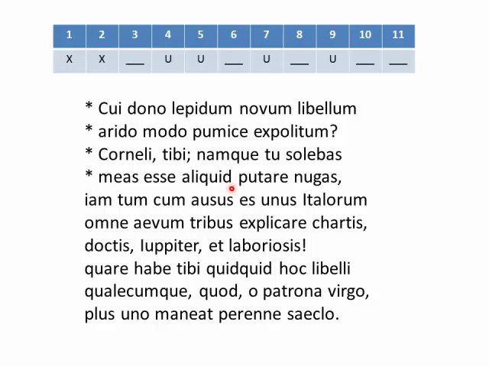Now the I here is going to scan long. You don't know whether the I is long by nature or short by nature, but you don't need to know because it's followed by 2 consonants, and so it's going to scan long. Aliquid. Putare nugas. Meas es aliquid putare nugas.